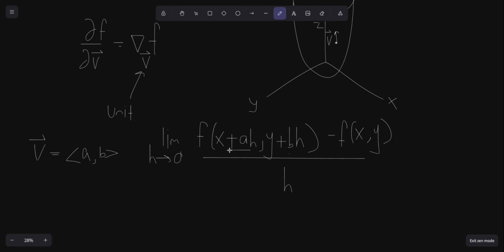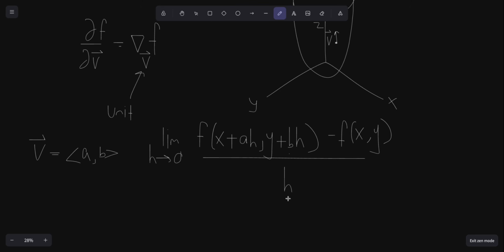So I move a little bit in the x direction, given this x component, a times h here. I'm going to also move a little bit in the y direction given my y component, b. And as I take the limit as those little direction changes go to 0, how does that affect the change in f, how does that affect the height of my function, df?